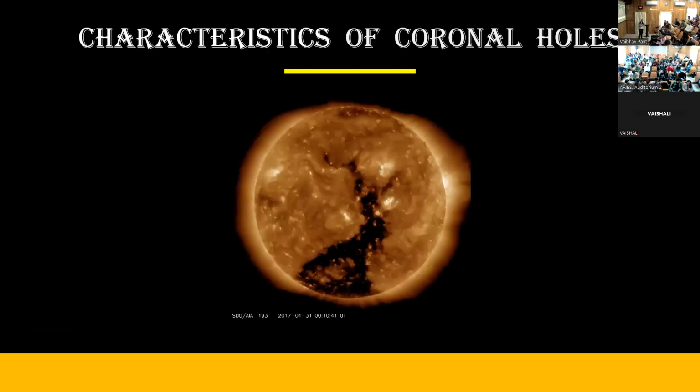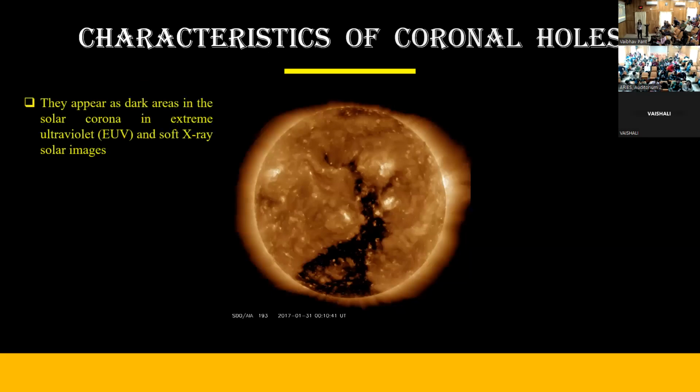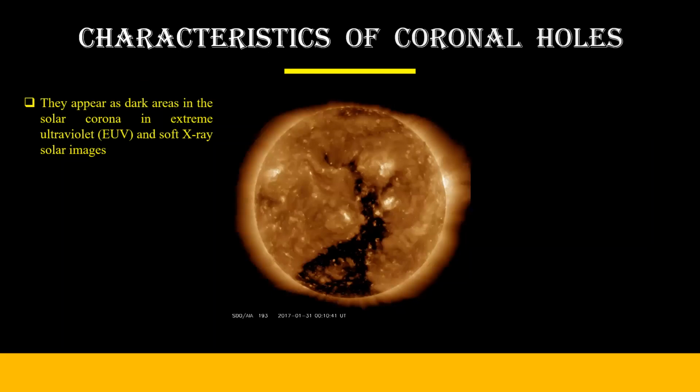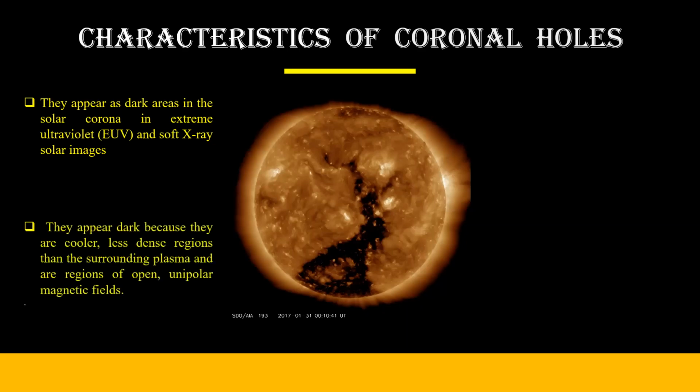Now let's move on to the characteristics of coronal holes. They appear as dark areas in the solar corona. We cannot see them in the visible region, so we have to use ultraviolet and solar X-ray images. They are dark because they are cooler and less dense than the surrounding region.